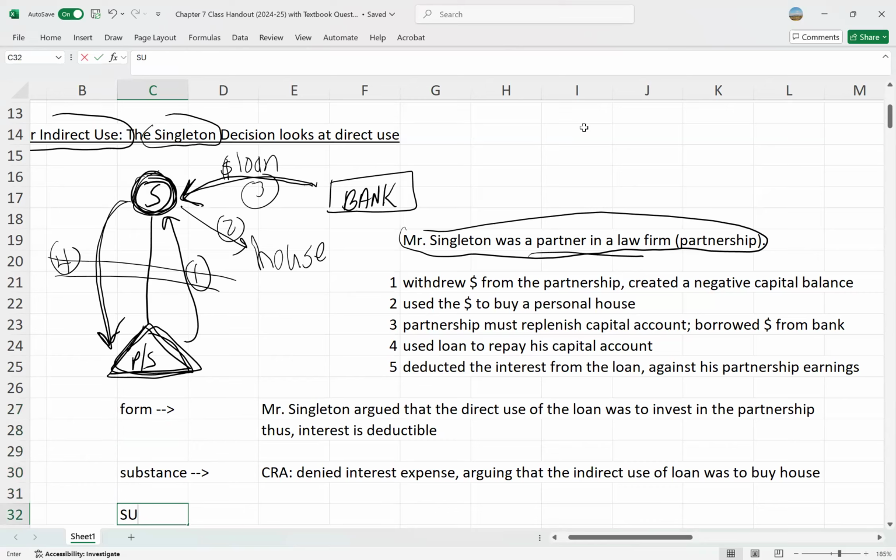That's the last court that's available to hear the cases, and when it goes to the Supreme Court, that's the final decision. And so the Supreme Court basically ruled in favor of Mr. Singleton and said that the direct use prevails.